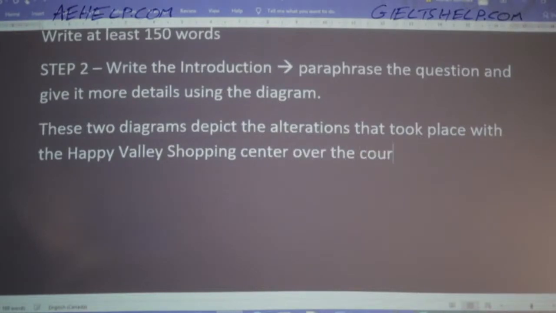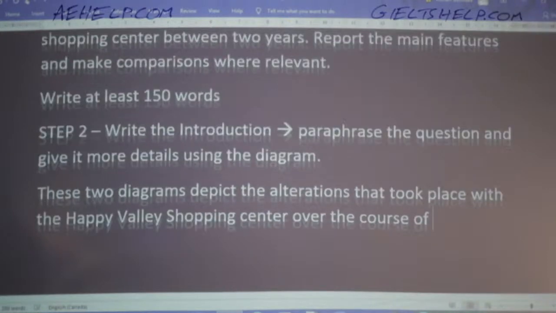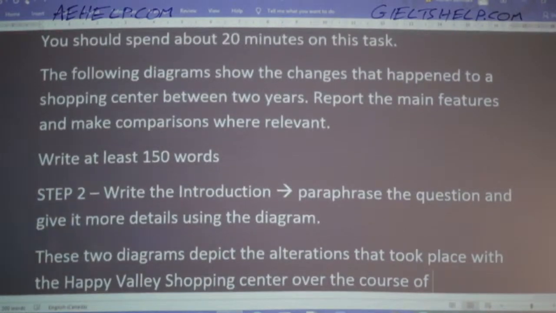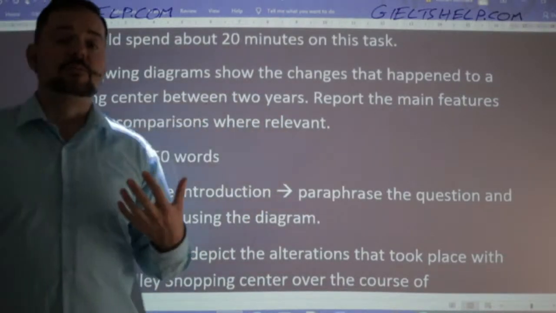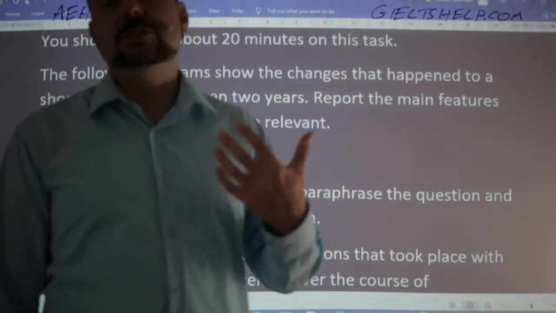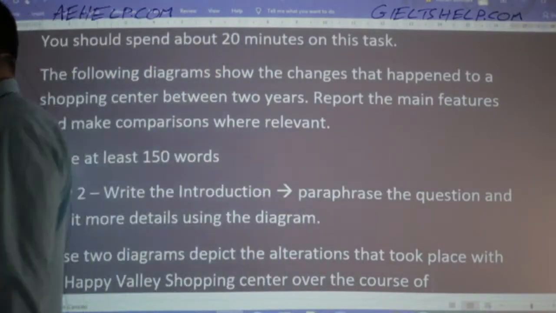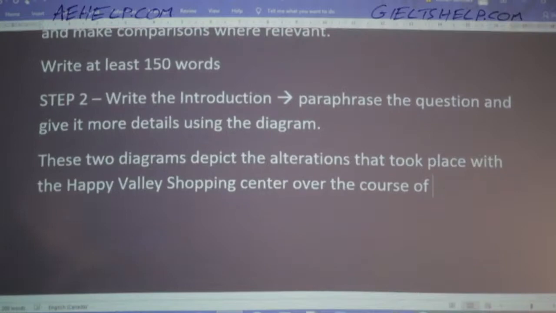over the course of 3 decades, right? So here it says between 2 years, okay? Now again, in the diagram, we have more specifics. We have 1982 and 2012. So over the course of 3 decades, from 1982. We don't know when these changes happened.